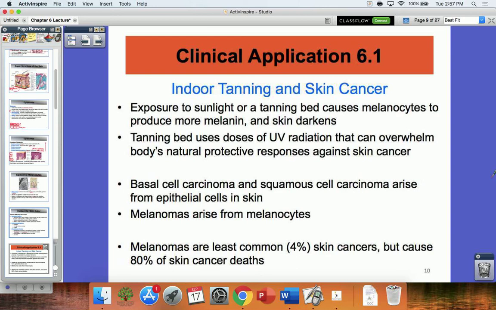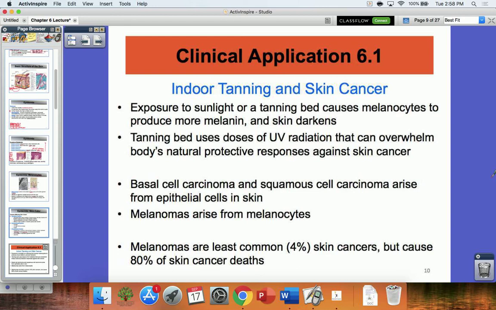We have basal cell carcinoma and squamous cell carcinoma. They're common, but those two, if they are found early on, won't be as fatal. However, we have melanomas, and melanomas are going to be the least common of the three that you usually hear of, but this one is the most fatal.